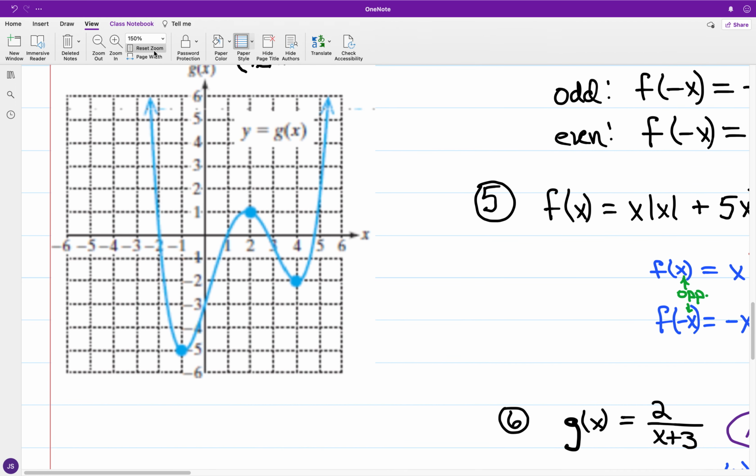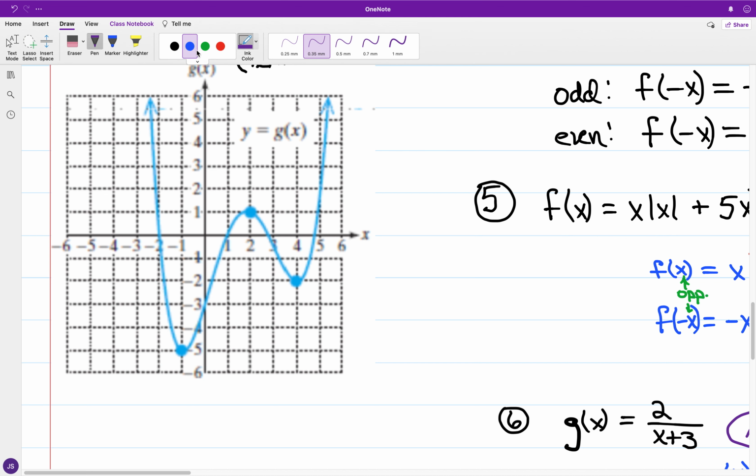If you notice, reading in order from left to right, this part we have a decrease, and then going past the first of the two relative minima, we have an increase, followed by a decrease, and then for the rest of the graph we have an increase.